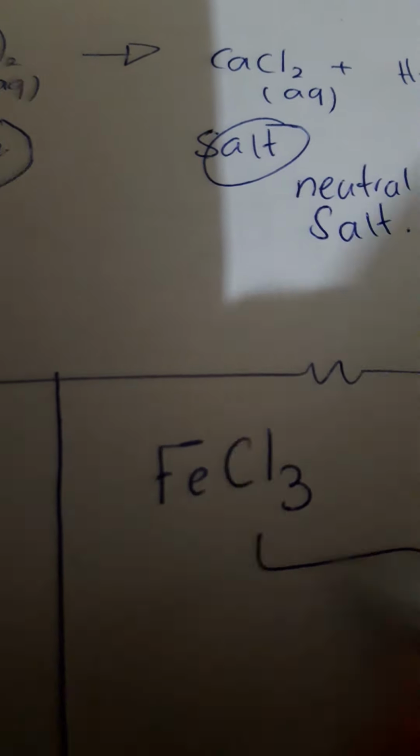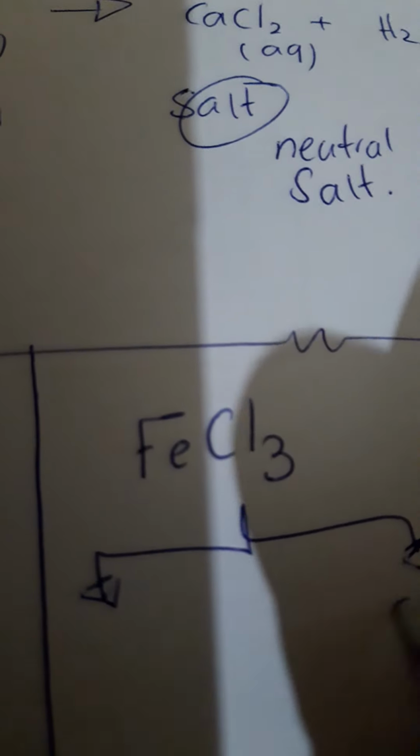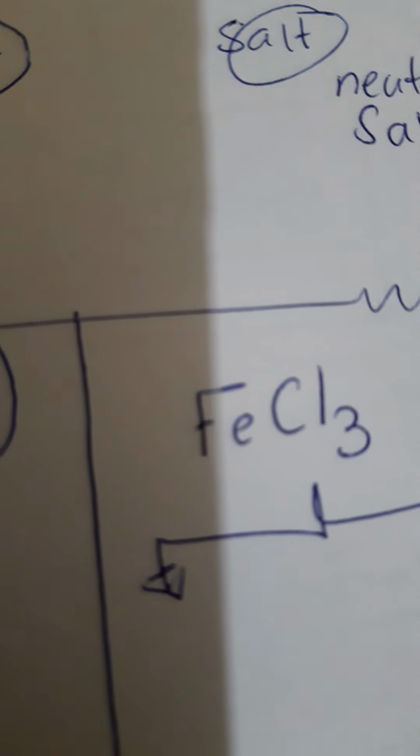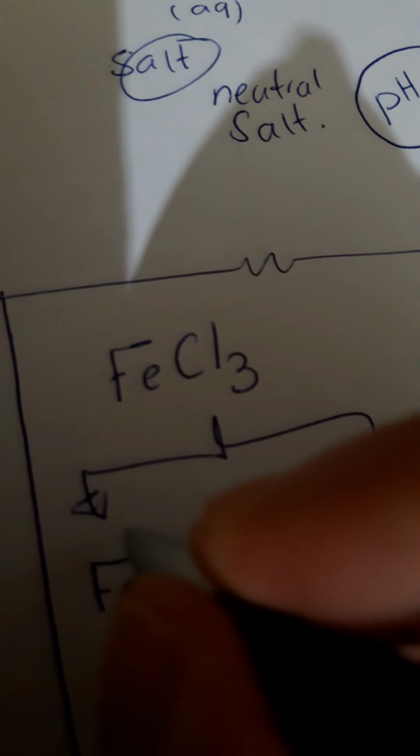Going back to the periodic table, break them down into ions. You have chloride ion Cl minus because it's in group 7. أستاذ هون كيف نعرف الcharge of Fe؟ هيها 3 positive لأنه هو transition metal, Fe3 plus.